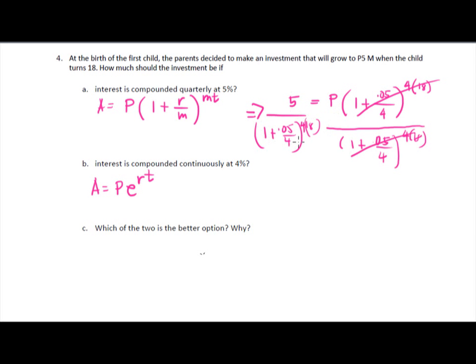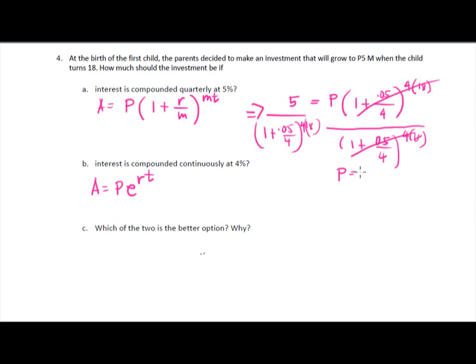Okay, so I'll be doing the computation in the calculator. So that's 5 over 1 plus 0.05 over 4, and then raised to 4 times 18, and that will give me an investment of, or the amount that I have to invest should be 2.044.